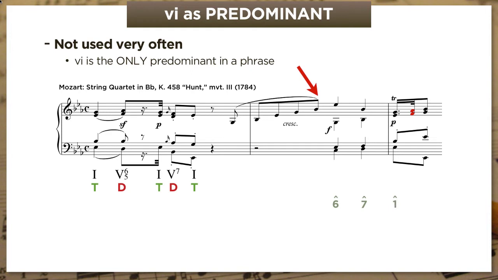This obviously suggests predominant, dominant, and tonic, but curiously, instead of the 4-6 we might expect here, Mozart uses 6 into 5-6 into 1. It's not something you hear every day, but it's a great sound.